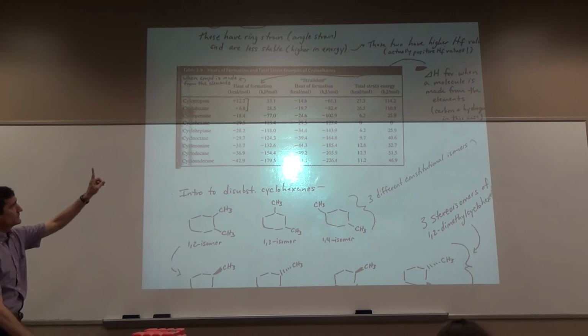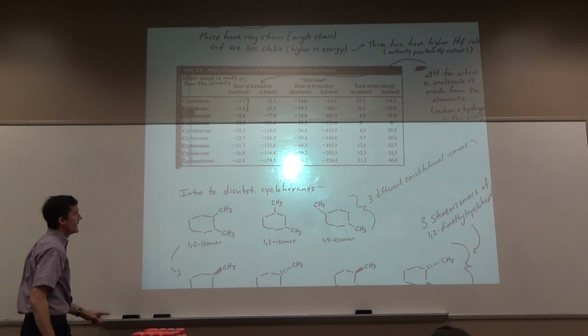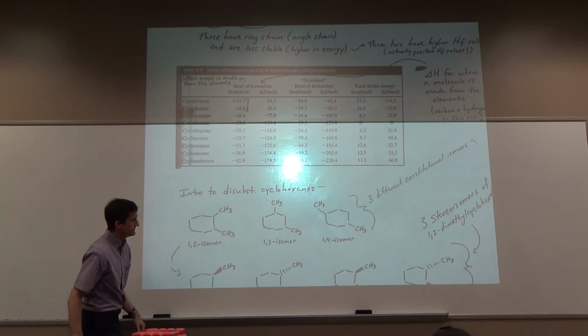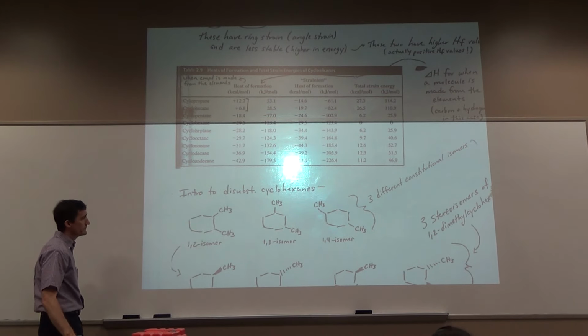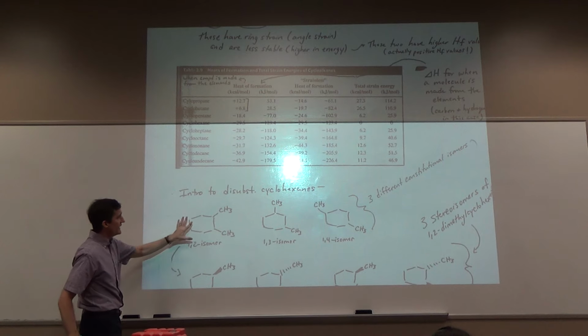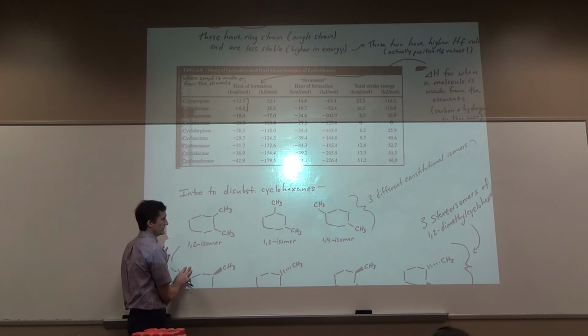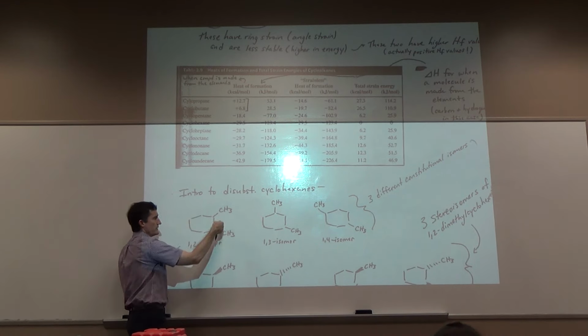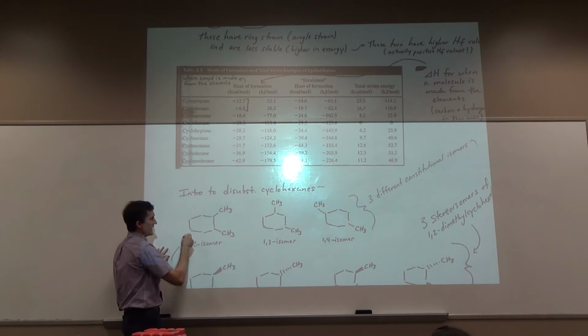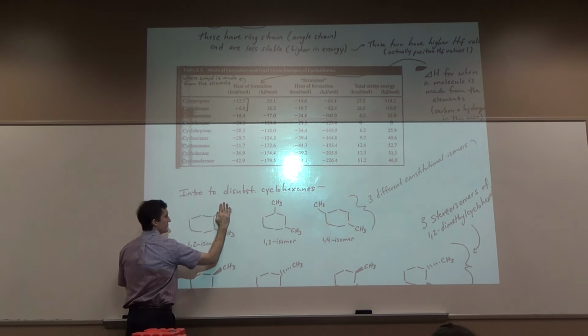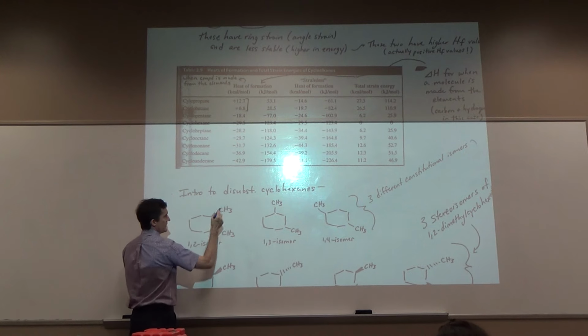Okay, let's focus in on cyclohexanes, particularly disubstituted. You have disubstituted, for example, two methyls. The two methyls can be adjacent to each other. If you named this, that would be a cyclohexane and you have two methyls.